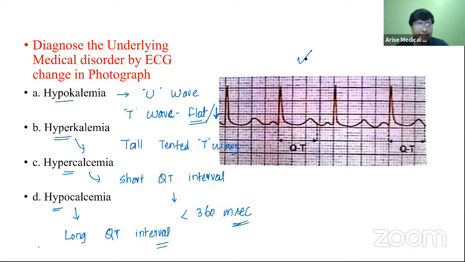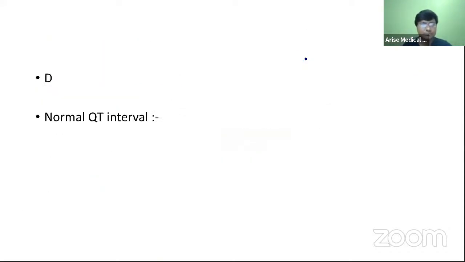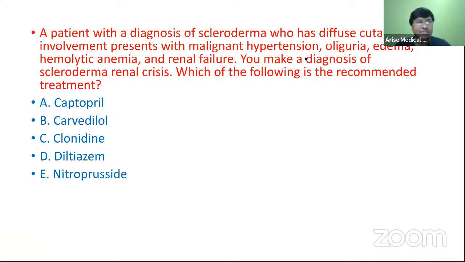Now we will move on to the next clinical based question. A patient with a diagnosis of scleroderma who has diffuse cutaneous involvement presents with malignant hypertension, oliguria, edema, hemolytic anemia, and renal failure.